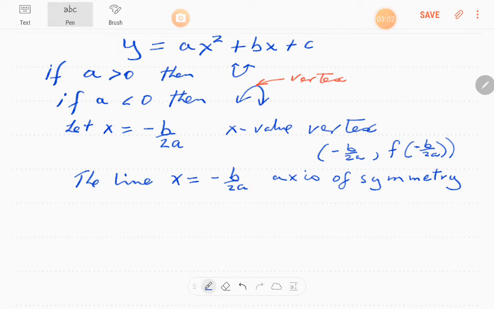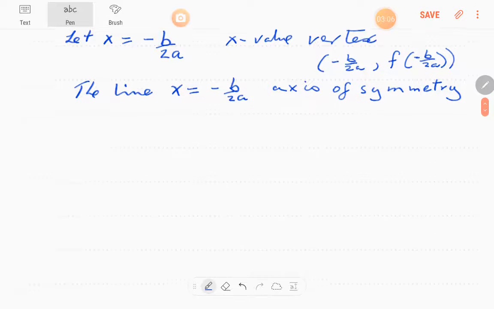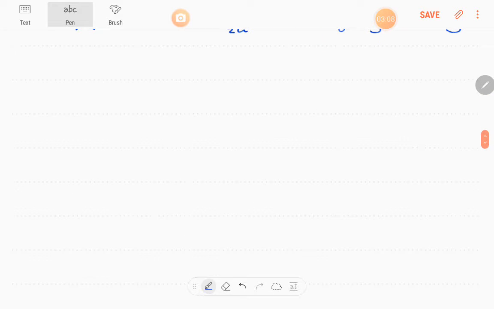Okay, so let's look at an example. Suppose we're asked to graph y equal to x squared minus 8x plus 12. Here, we want to find the x value for the vertex.